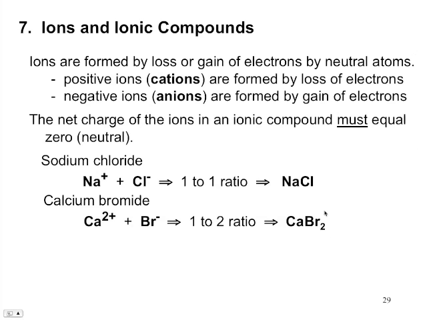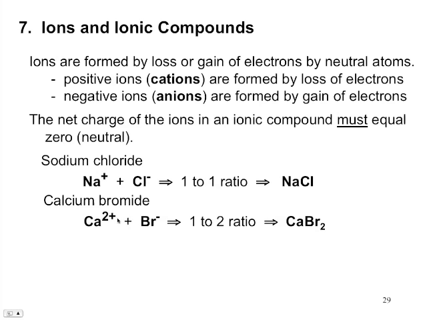Calcium is a metal, bromine is a nonmetal, so we would predict an ionic compound, and it turns out that when calcium forms an ionic compound, it's always +2, and bromine is always -1. Since calcium is always +2 and bromine is always -1, we need to have 2 bromides for every calcium to make the compound electrically neutral.